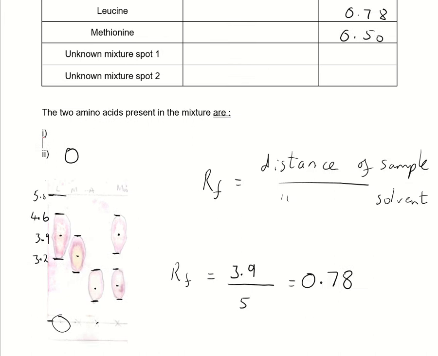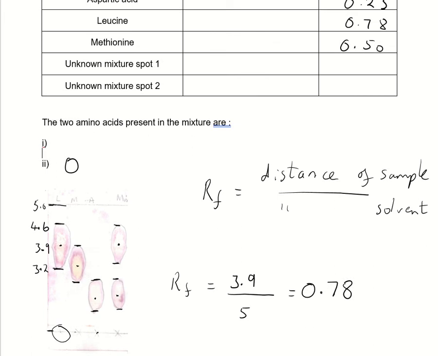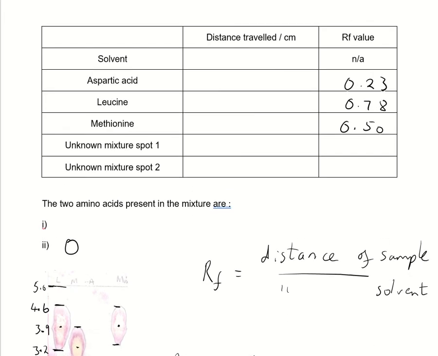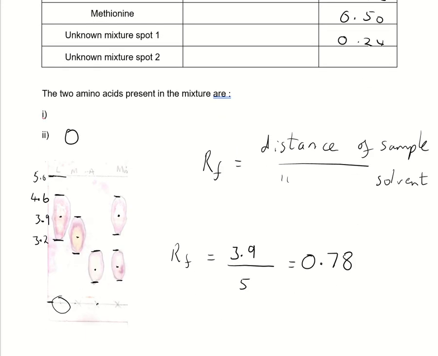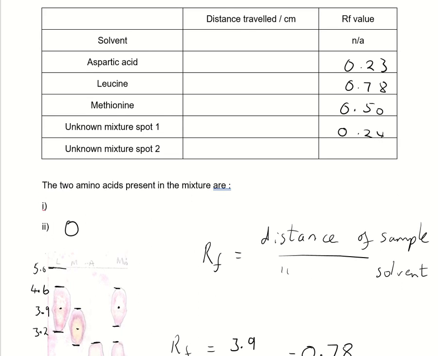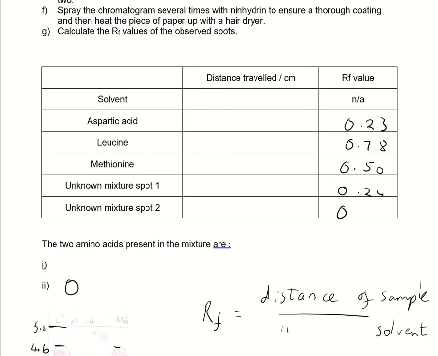And then for the unknowns, so the mixture, we can see we've got one which probably looks to be about 0.24, just a tiny bit above the aspartic acid. And then likewise for the leucine one, 0.79. So what I would say here is the two amino acids present in the mixture are leucine and aspartic acid.